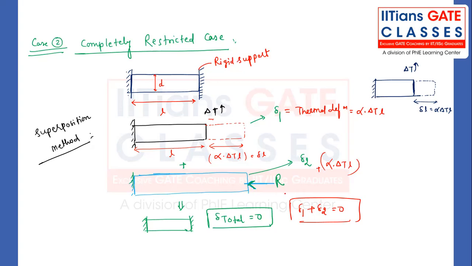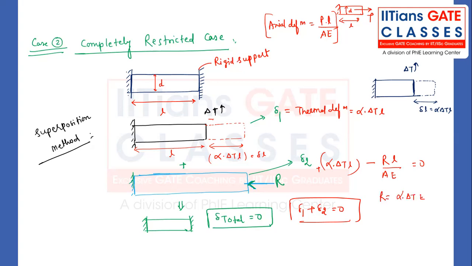Because of the compressive reaction force, everybody knows the axial deformation is P into L divided by A. Suppose any material has a load P applied, having length L and diameter D, then PL divided by A will be the axial deformation. Here, the axial deformation is minus R into L divided by A. That is equal to 0. From here, what do you get for the reaction force? Alpha into delta T into E into A.